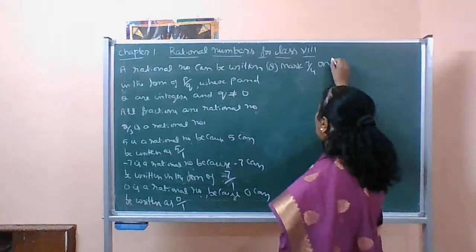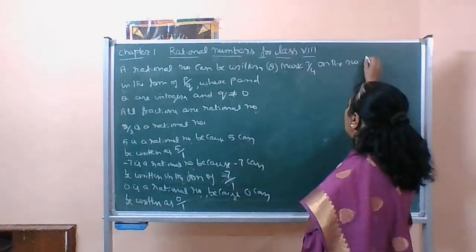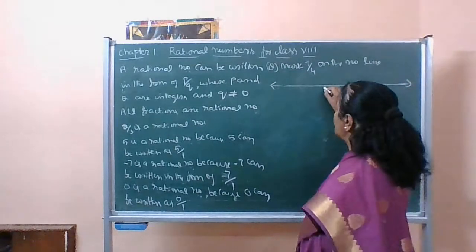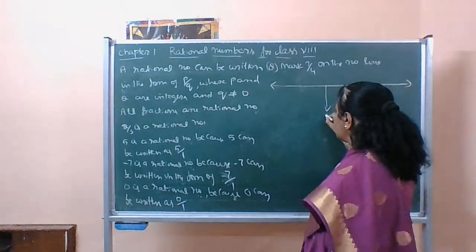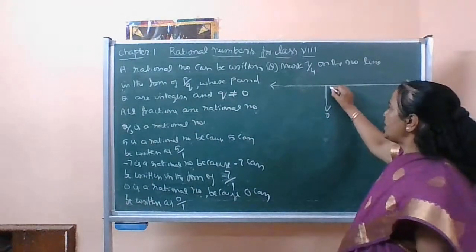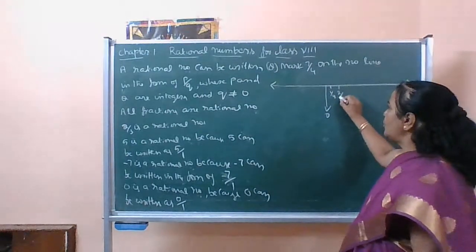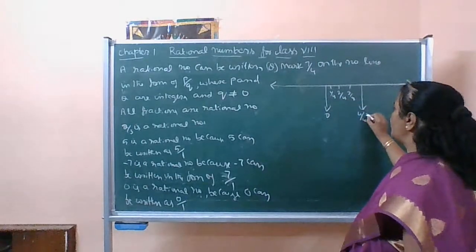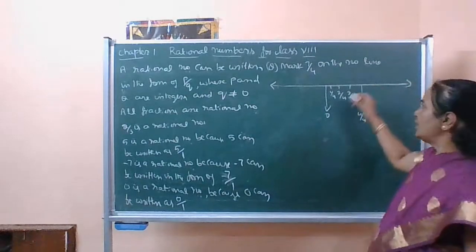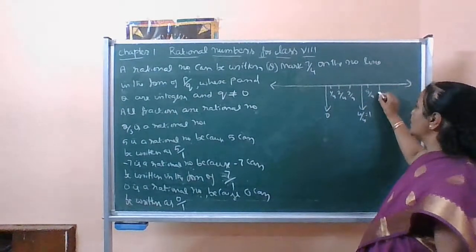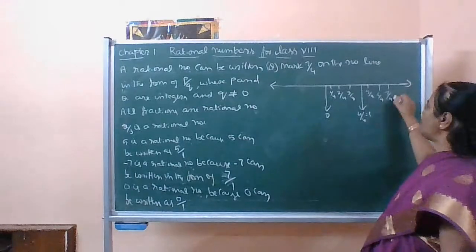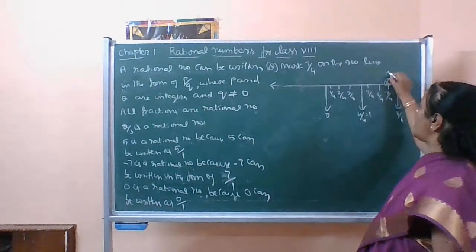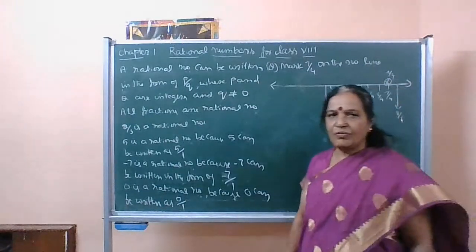First you have to write 0, and then 1 by 4, 2 by 4, 3 by 4 and 4 by 4 is 1. And here 5 by 4, 6 by 4, 7 by 4 and 8 by 4, like this it continues, and this point is 7 by 4.